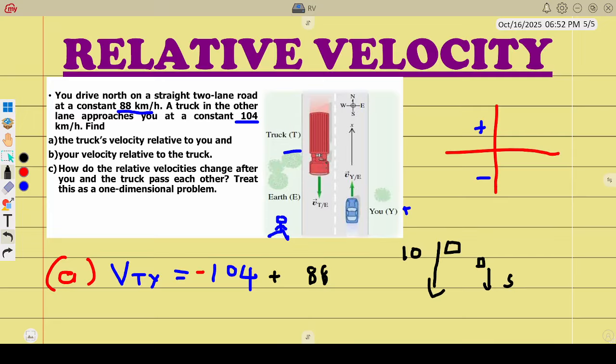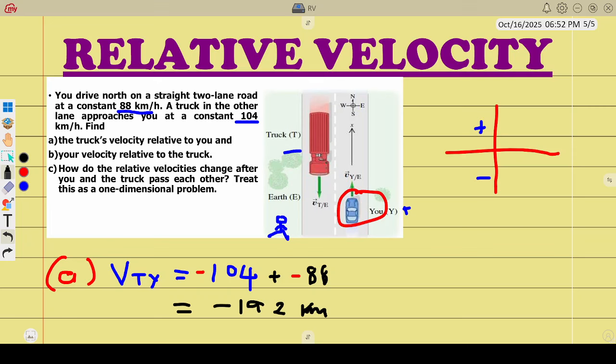The relative velocity we can add, since they are going in the same direction. But in this case, since they are going in the opposite direction, we put a minus. If it was going in the same direction, it would just remain a plus. So when you add, you remain with 192 kilometers per hour.